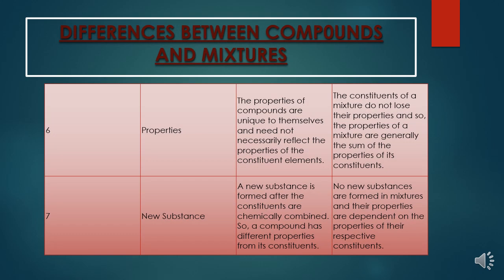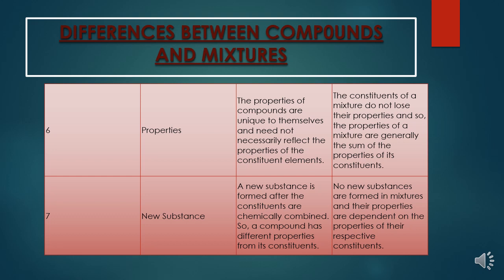We also have differences in terms of their properties. If you combine two elements together to form a compound, they are going to have similar properties. It means that it is only going to develop one distinct type of property, which means that those separate elements will not have separate properties.